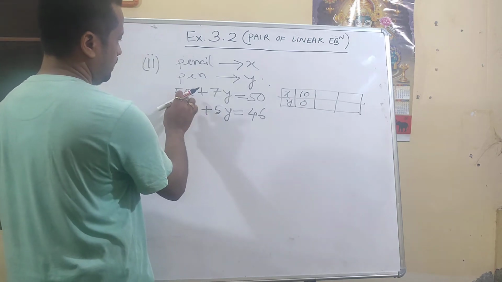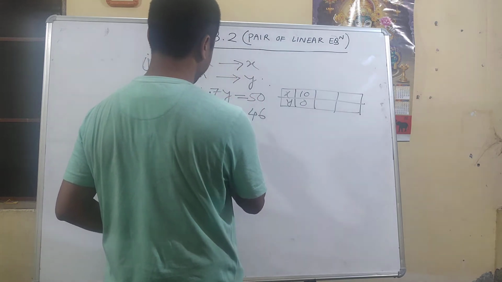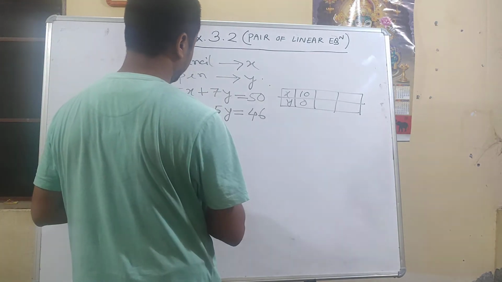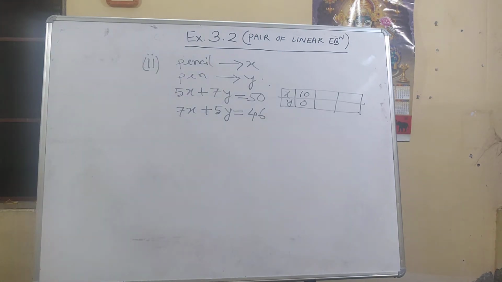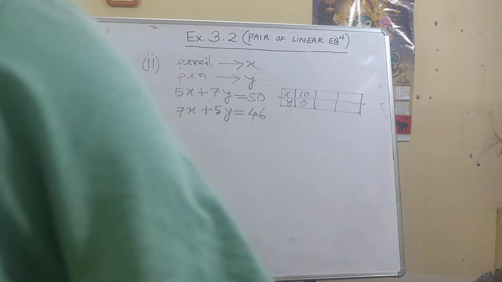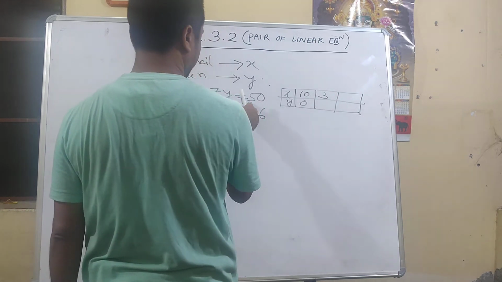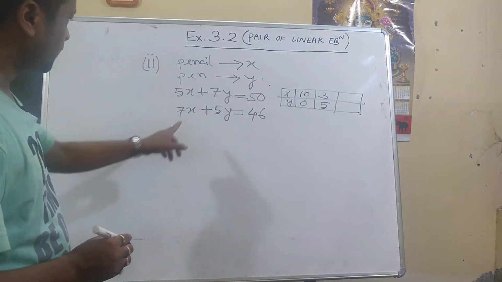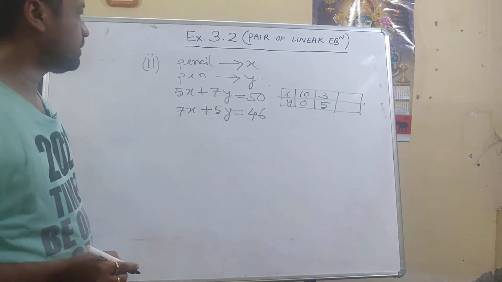If x is equal to 10, then y is 0. One more point: suppose x is 3, then 15, 50 minus 15 is 35, 35 divided by 7 is 5. So we plot just 2 points.